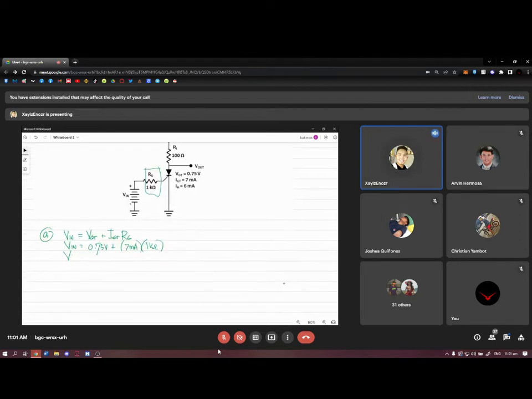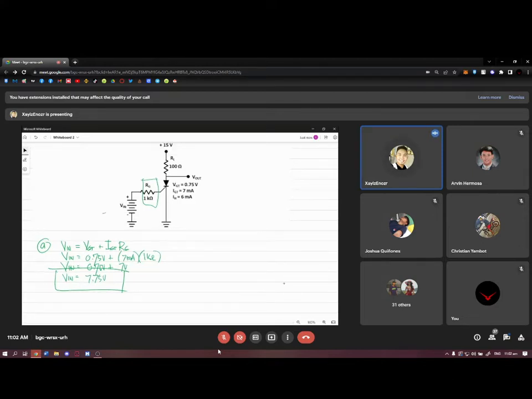So, V in is 0.75 volts plus 7 milliamperes times 1K, that is 7 volts. So, our V in is 7.75 volts. Ibig sabihin, para ma-turn on mo si SCR na to, you need at least 7.75 volts dito sa ating input.